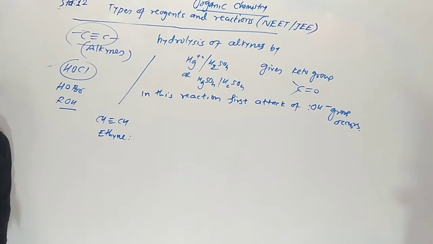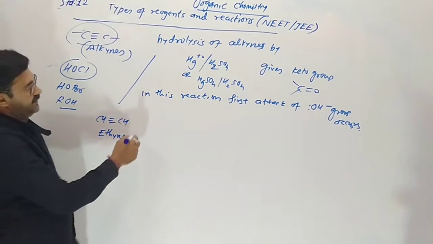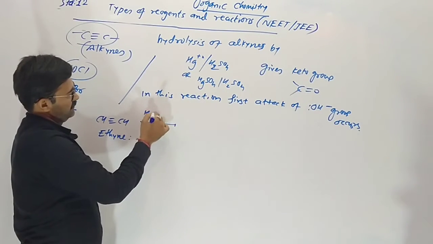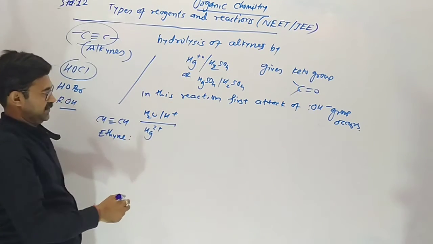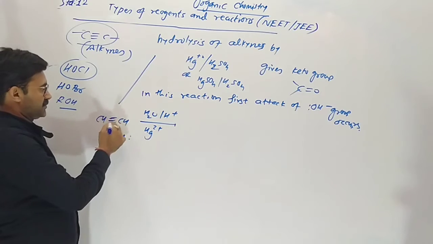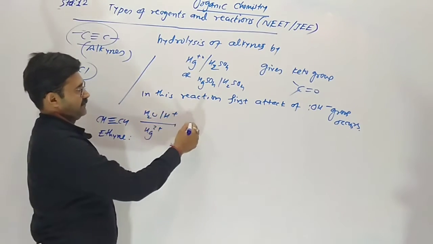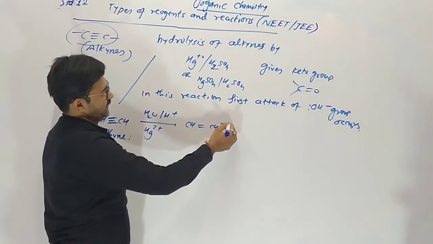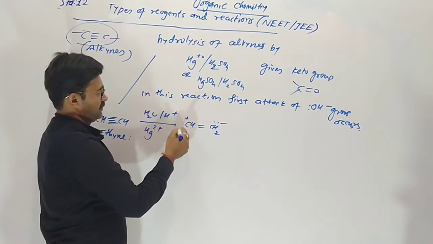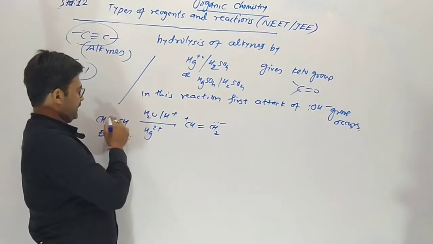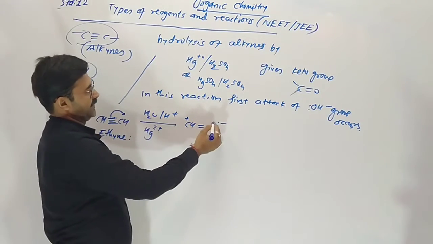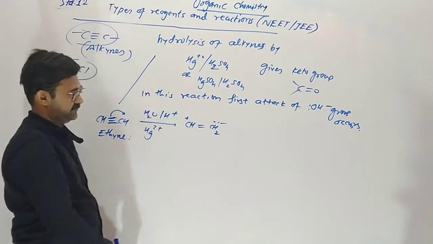Ethyne is alkyne in acidic medium with the presence of Hg2 plus. What happens there? First of all, the pi bond breaks. After breaking the pi bond, this carbon becomes positively charged. Electrons move, so this one negative, this one positive.